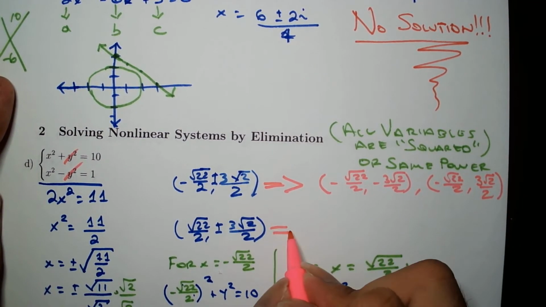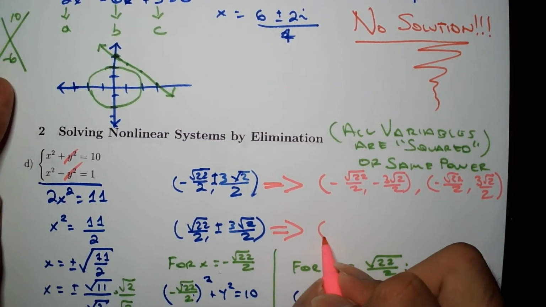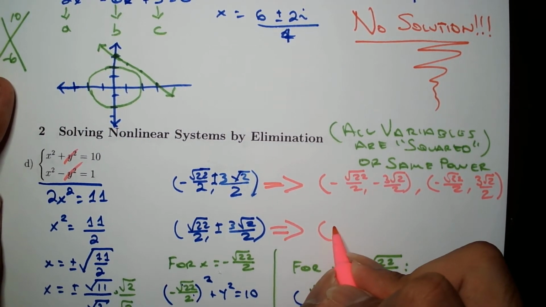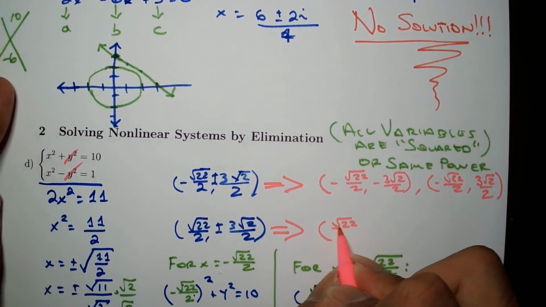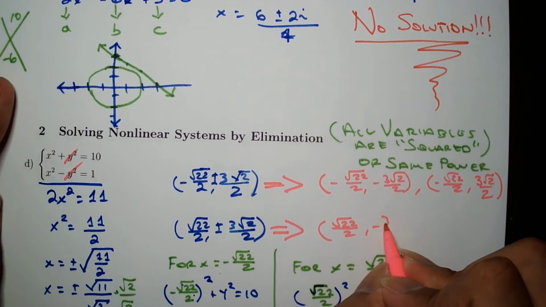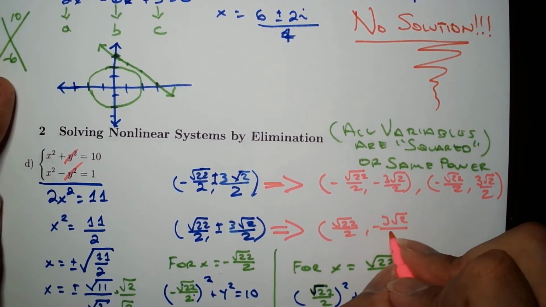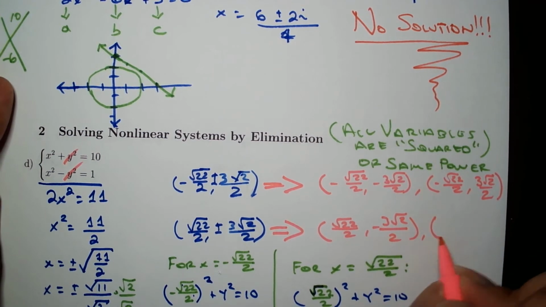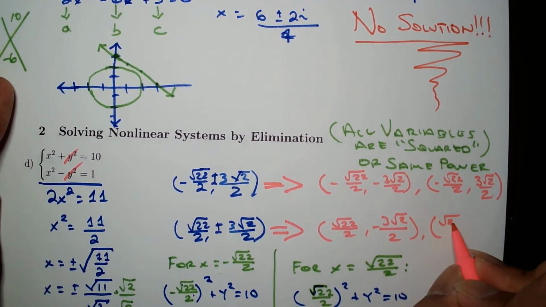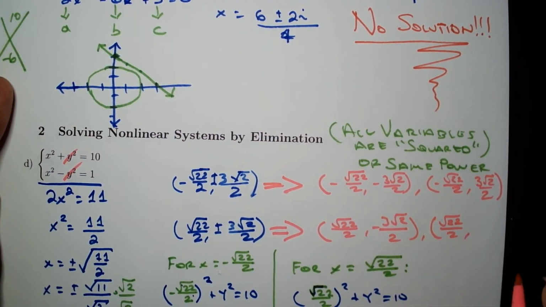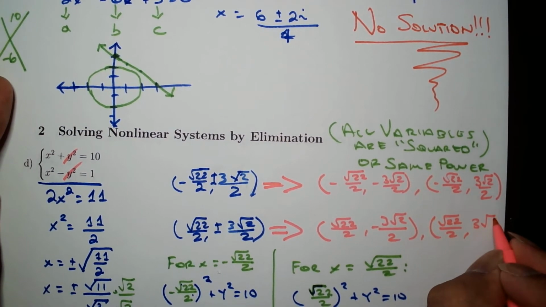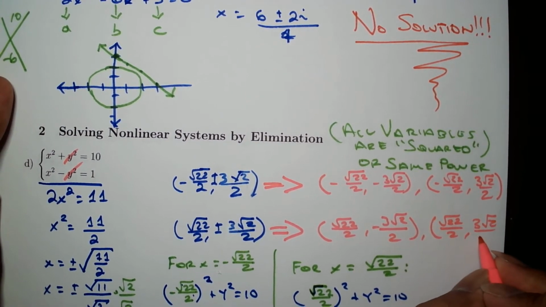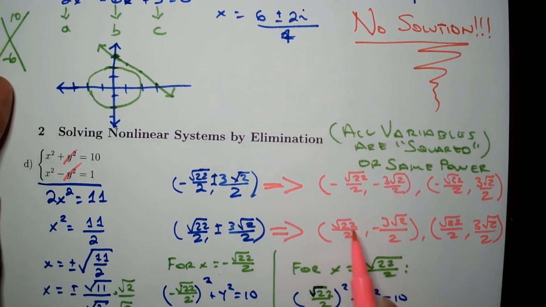And the last one, it's going to split into both x's to be positive, square root of 22 over 2, comma negative 3 root of 2 over 2, and both positives, square root of 22 over 2 and 3 root of 2 over 2. 4 ordered pairs.